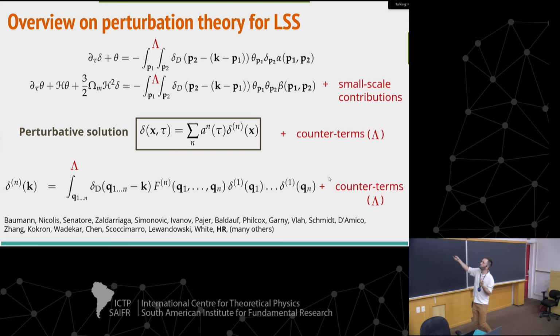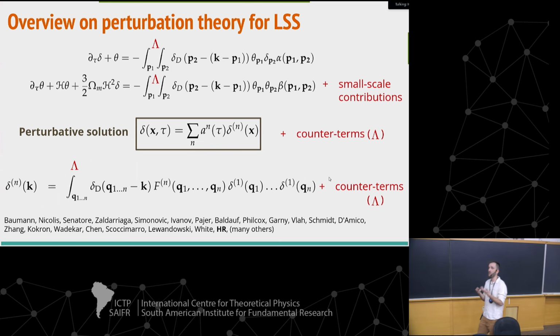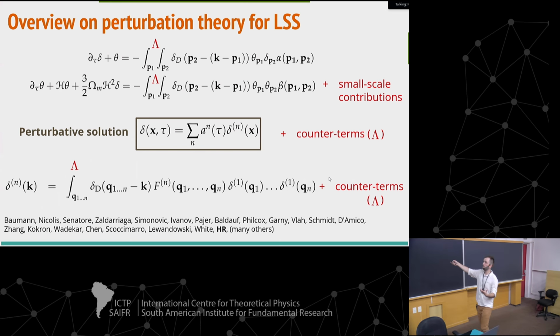So the idea is that you introduce this cutoff by hand, and also exactly the terms that cancel this lambda dependence, such that on large scales, this fluid description works pretty well again.